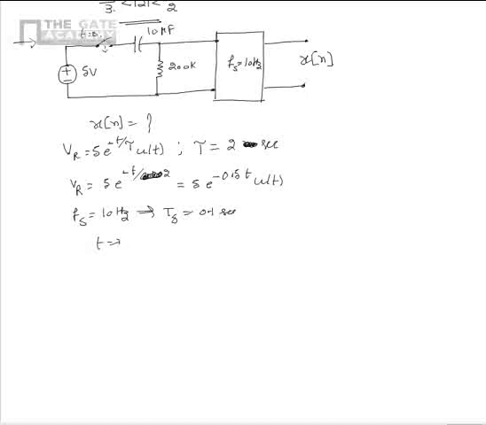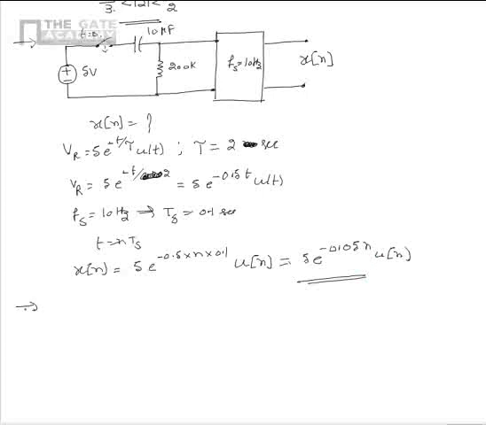So upon substituting t is equal to n into Ts, we get that x of n is equal to the sampled version of VR of t, which is 5 into e power minus 0.5 into n into 0.1 u of n, which can further be simplified as 5 into e power minus 0.05 n u of n. So the output of the sampler is given as 5 into e power minus 0.05 n u of n.